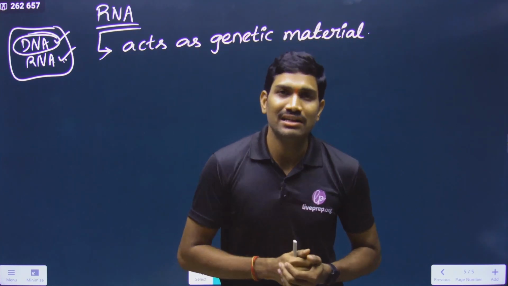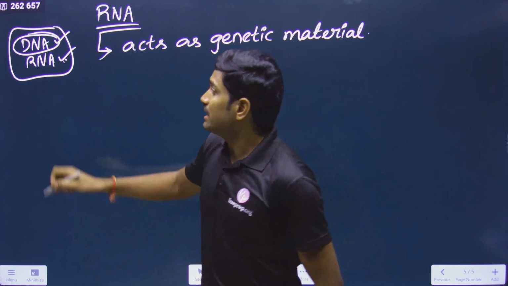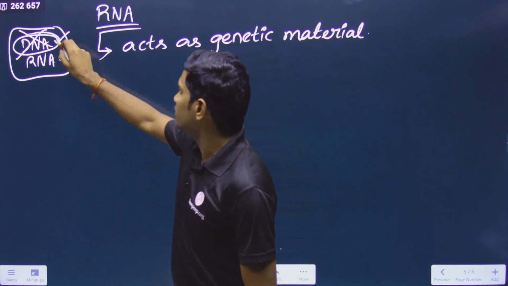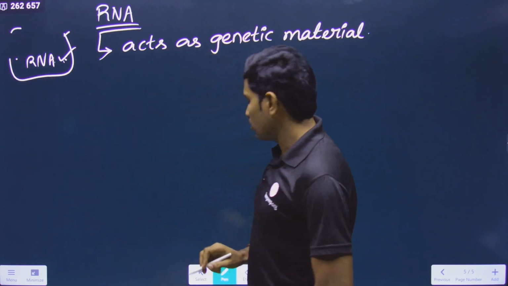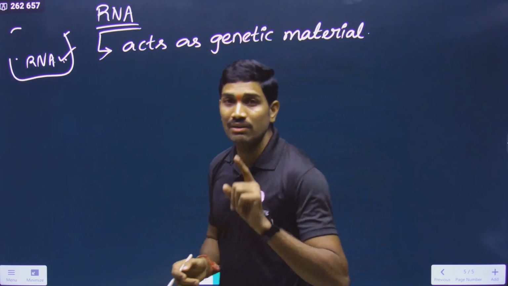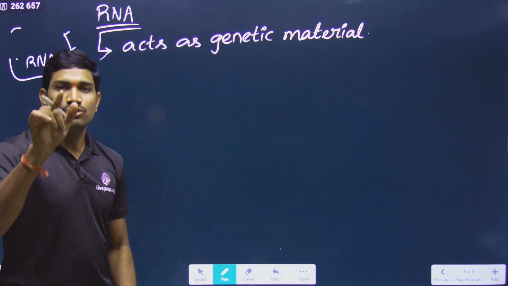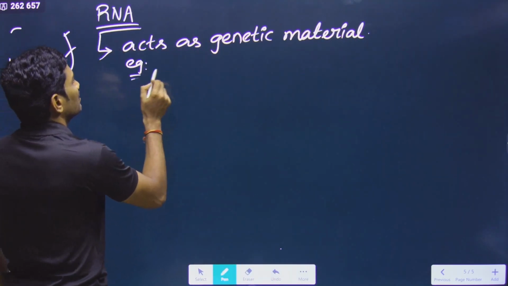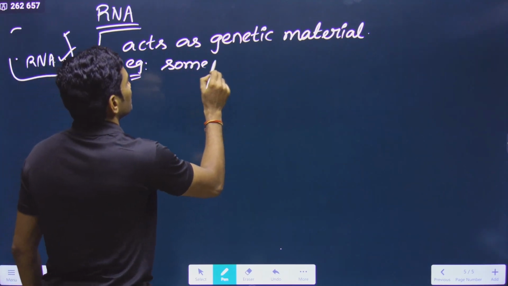Then when will RNA act as genetic material? If DNA is not present, let us take an example like a virus. DNA is not present, only RNA is there. Then definitely RNA will act as genetic material. That is the reason why RNA acts as genetic material in some viruses.